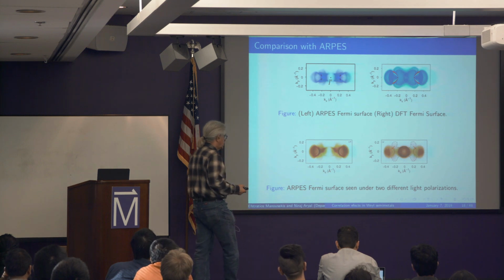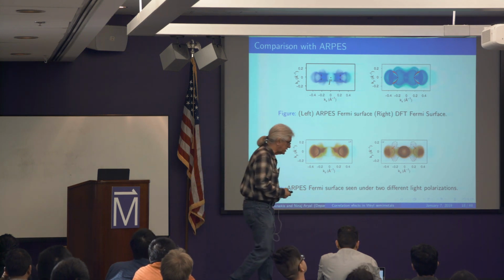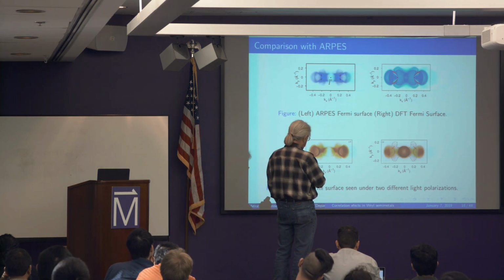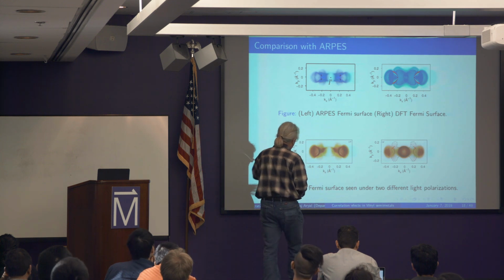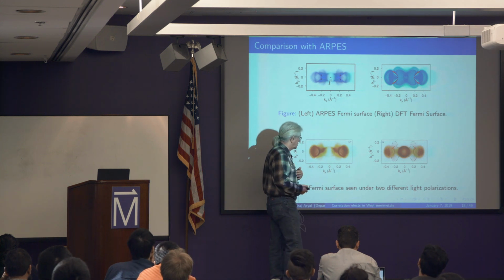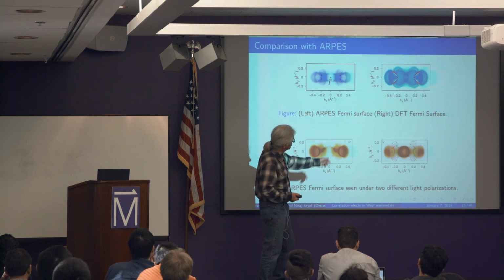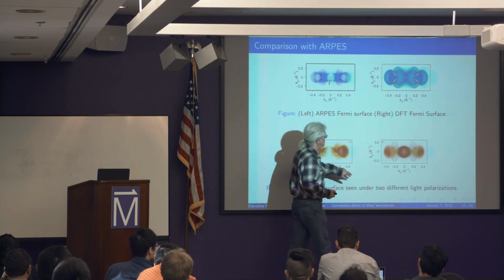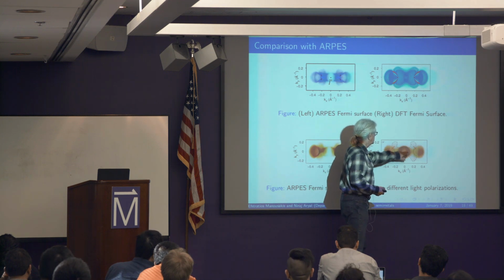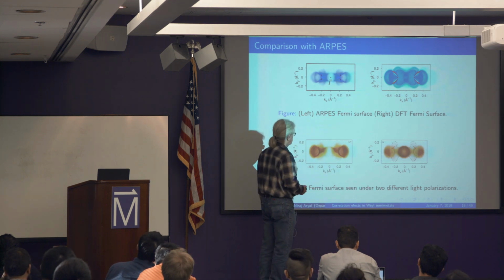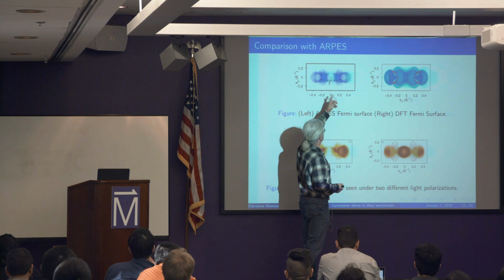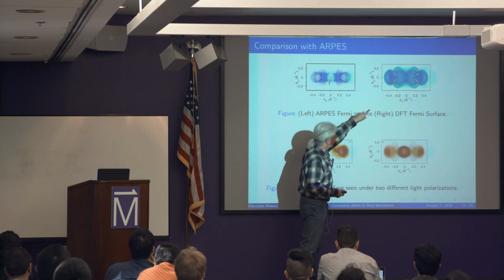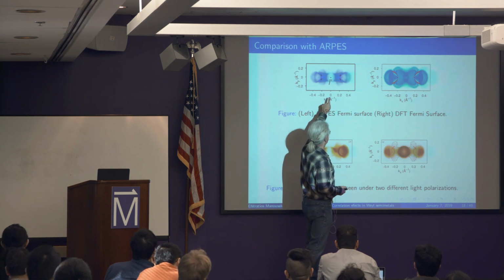Also, if you are careful, you take a look at the polarization dependence. Here, this is for one type of polarization of light, vertical to the surface, and this is horizontal to the surface. This is not bright in one polarization, and this is very bright in the other. So the disagreement is because this is a non-polarized calculation, and this is a polarized measurement.